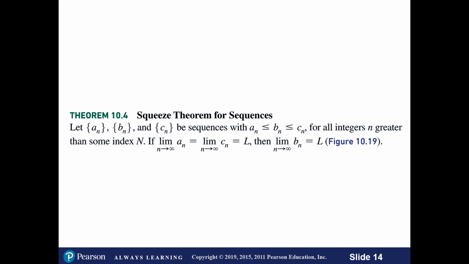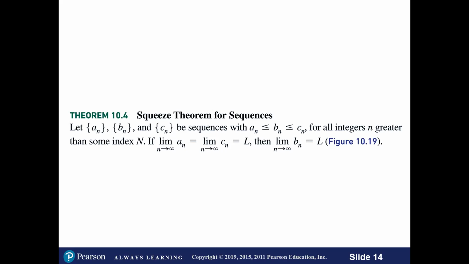For some large enough value of n, this has to be true. And then if the limit as n goes to infinity of a_n is the limit as n goes to infinity of c_n, then the limit as n goes to infinity of b_n must also be that same limit L.